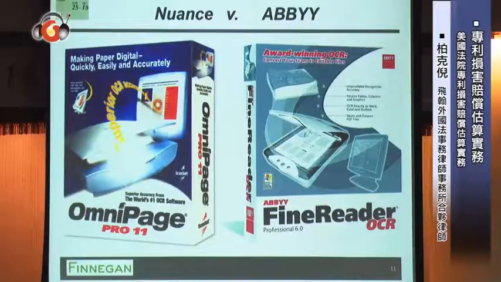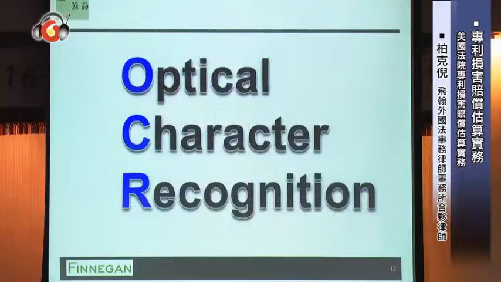Nuance's package on the left came out first, and shortly afterwards, Abby released its package. Nuance got very angry, not only because it thought Abby was infringing its patents, but also because it thought it copied the boxes that Nuance was using. So it sued it in court in San Francisco. The technology involved was optical character recognition, and I promise you this is not a technology presentation. I'll make this quick and painless.